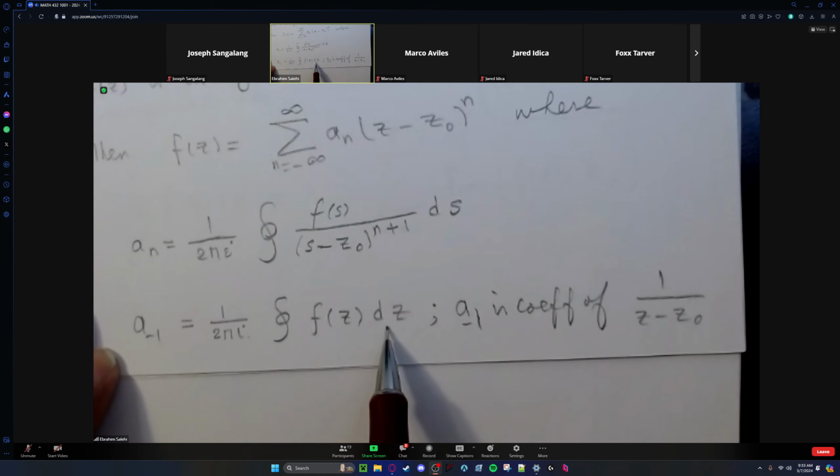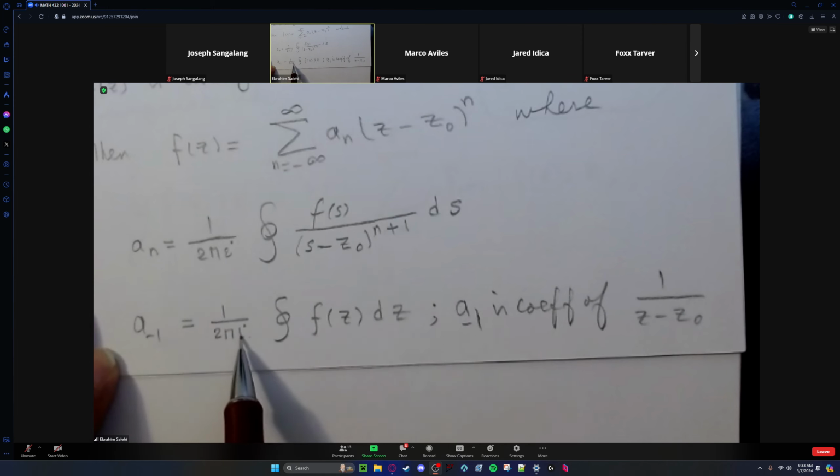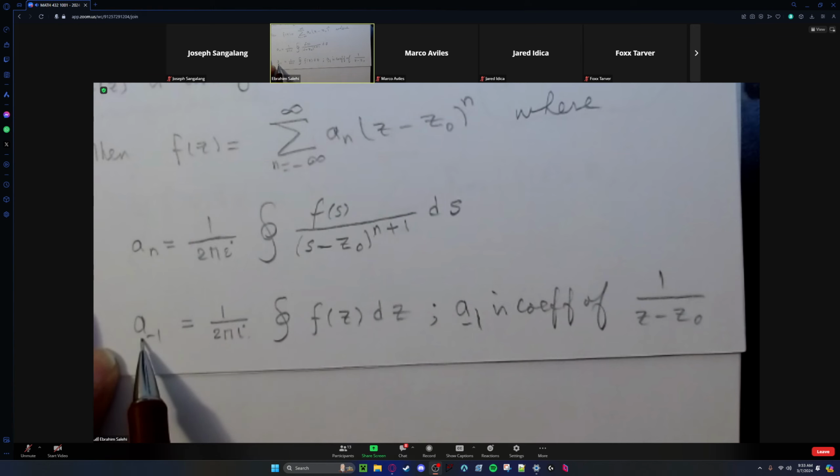So the integral of f of z dz will be just 2 pi i times the residue of the function at that point.